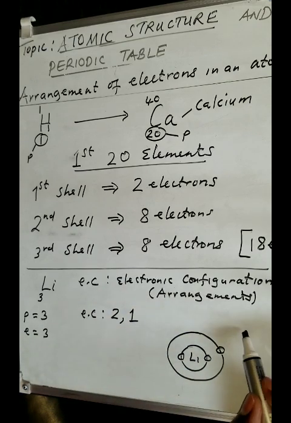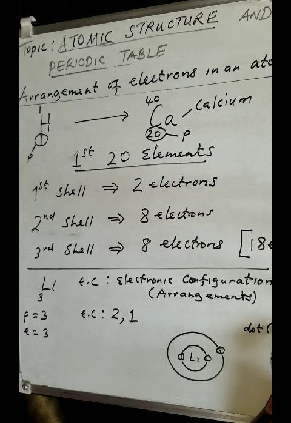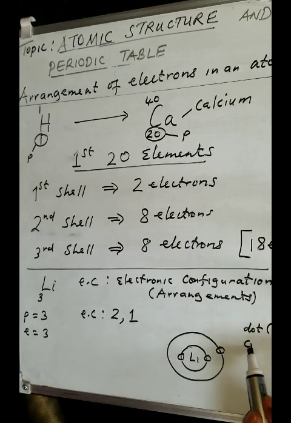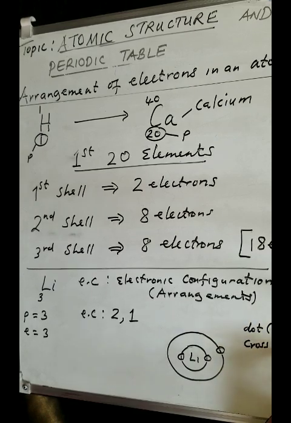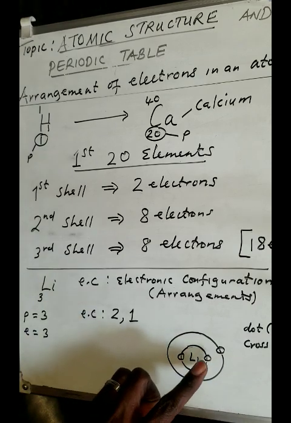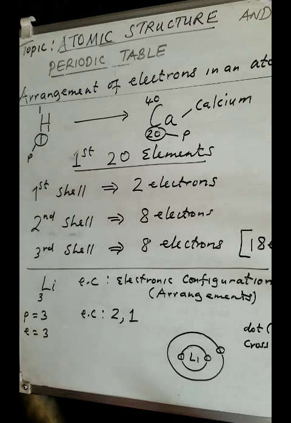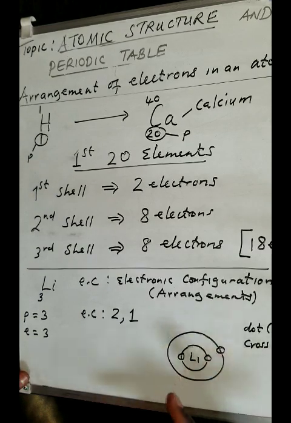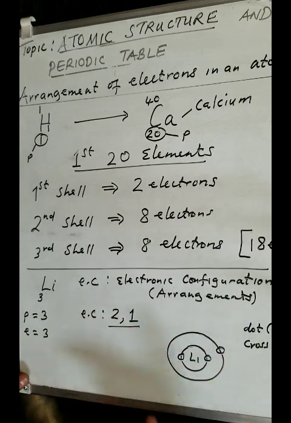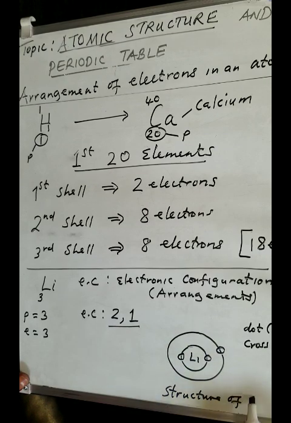You can either use dots or crosses to show the electrons that are there. So you can see in the first shell there are 2 electrons, and in the second shell there's only one electron. That's the structure of a lithium atom.